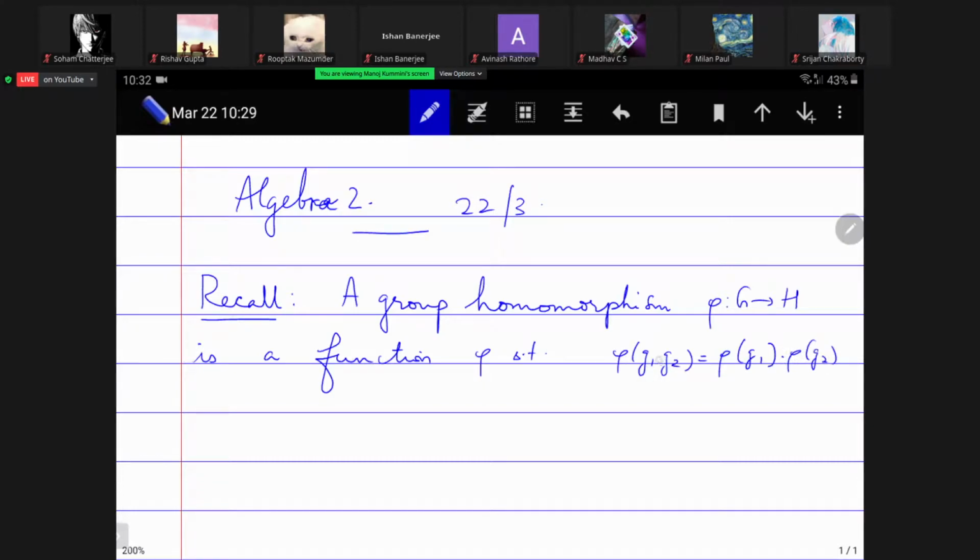So this product here, before we apply the function, the product is taken inside G. After we apply the function to the individual g1 and g2, the product is taken inside H. So this is what we mean by group homomorphism.